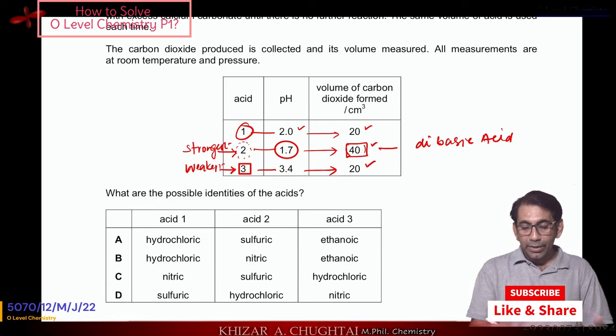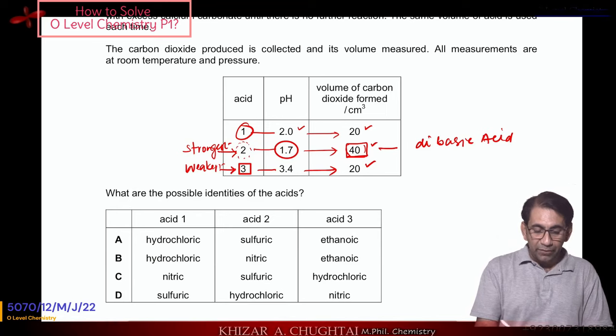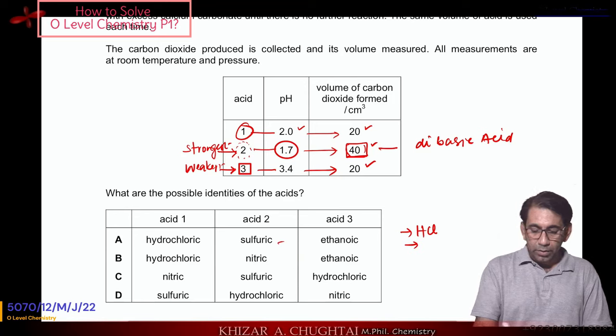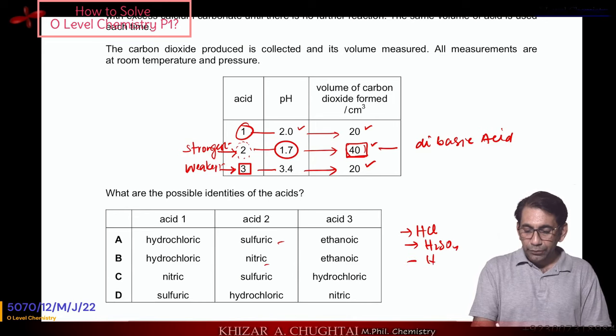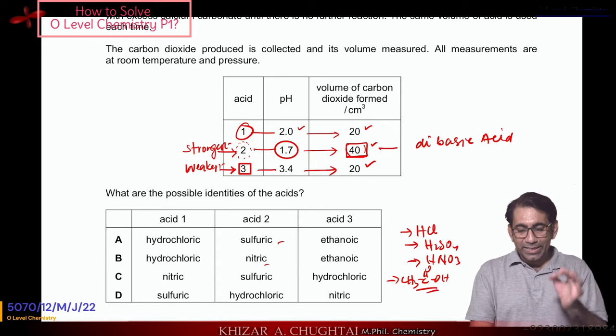I'm making a list of all the acids: HCl, H2SO4, nitric acid HNO3, and ethanoic acid, CH3COOH, which is an organic acid. The weakest acid is ethanoic acid.